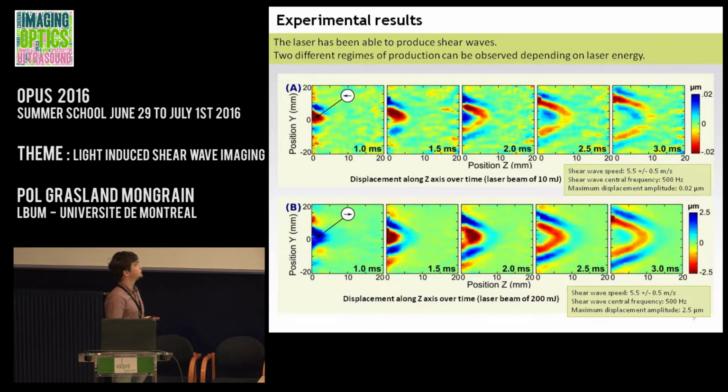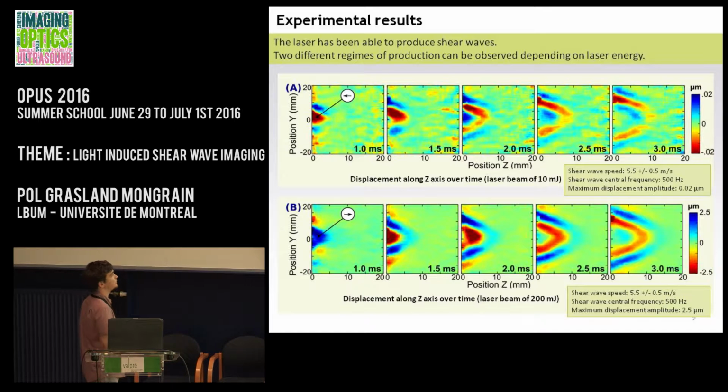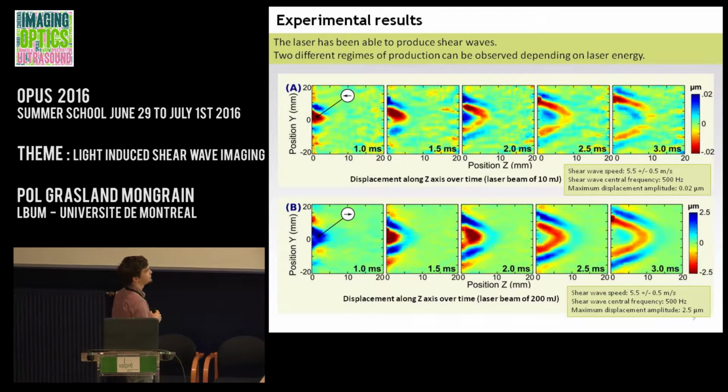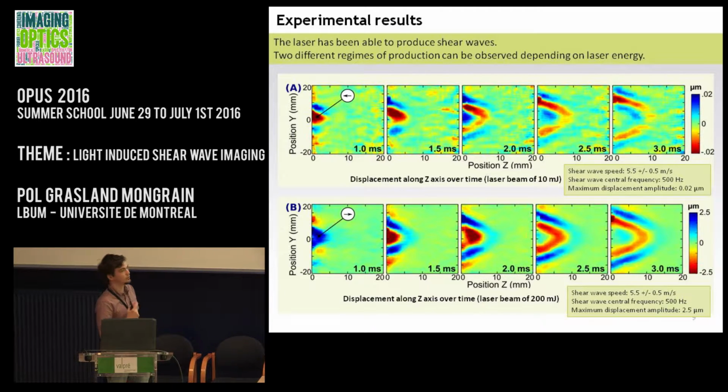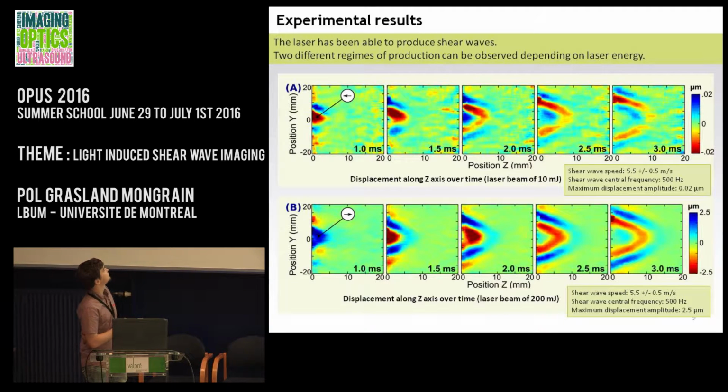If we increase the laser beam energy from 10 millijoules to 200 millijoules, we see a displacement map pattern which looks alike to the previous one. But if you look carefully, you see some differences. So I've sketched the main differences.